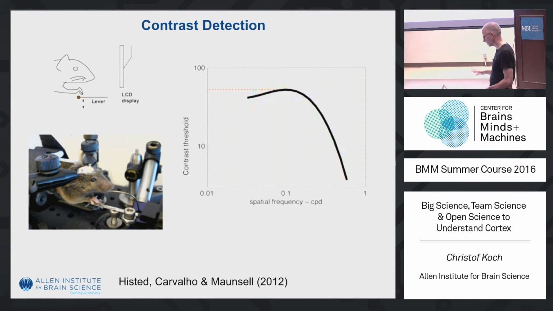There was just a nice study by Chris Neal. We know mice can use their cortex for doing all sorts of visual tasks. Here's a paper from John Mansell that looks at classical psychophysical contrast detection. For those of you who know anything about human vision, our peak in humans is around 50 cycles per degree.